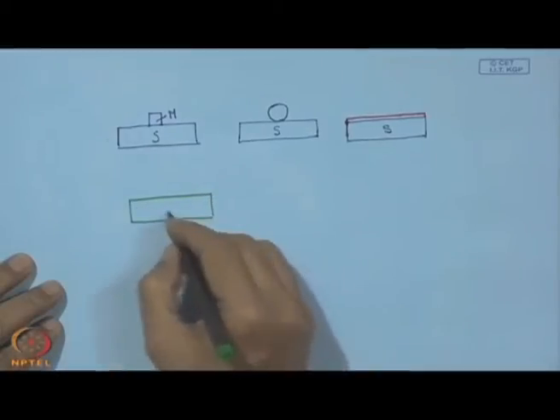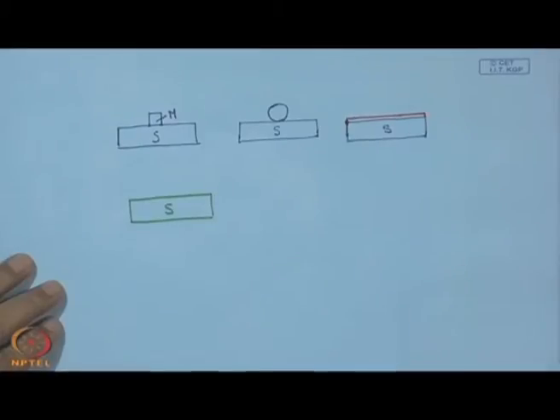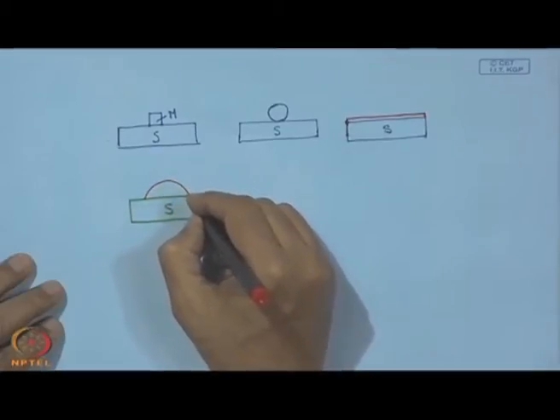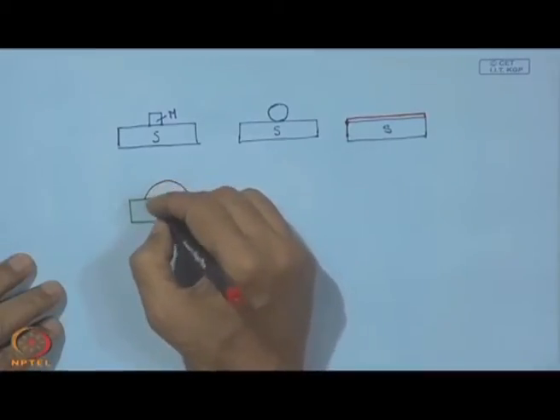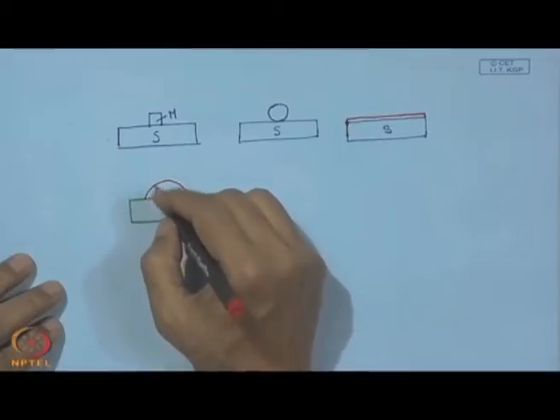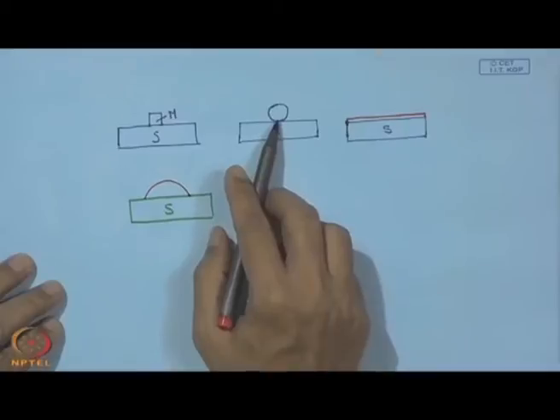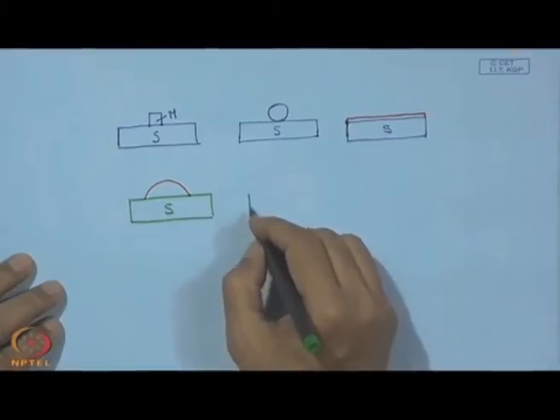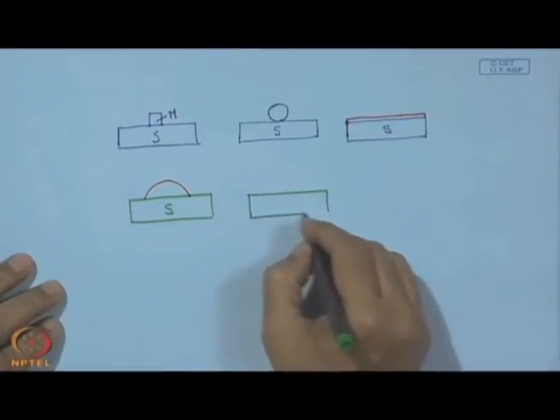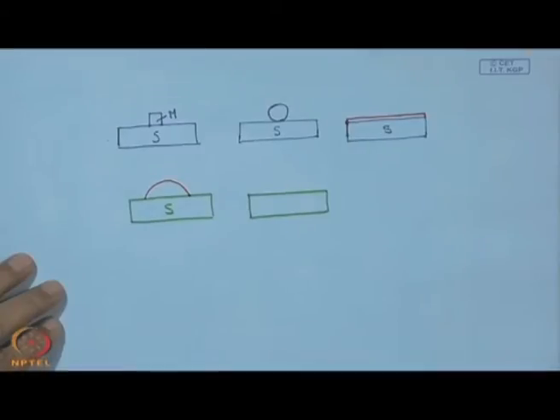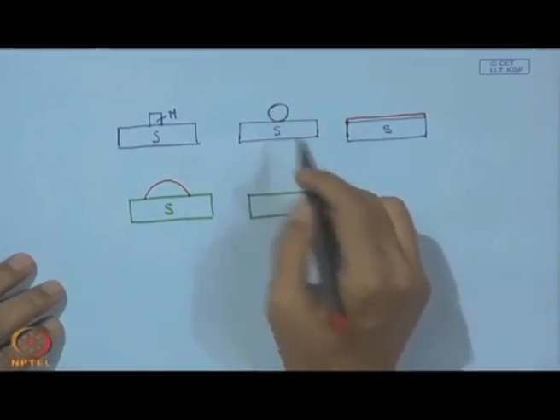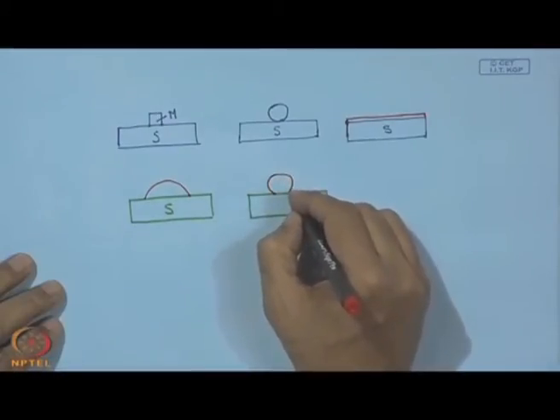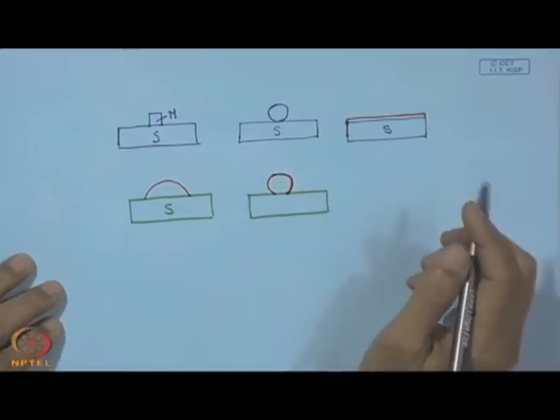We have another situation. This is the solid, and after melting the liquid assumes this shape, and here the wetting is somewhere in between these two extreme situations. And now we have the fourth one, where this liquid after being melted takes this shape.